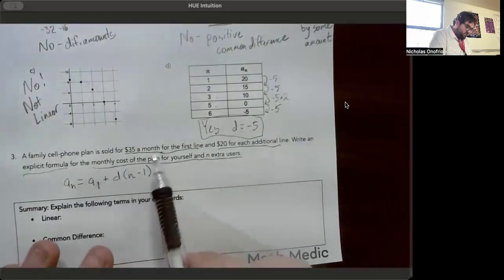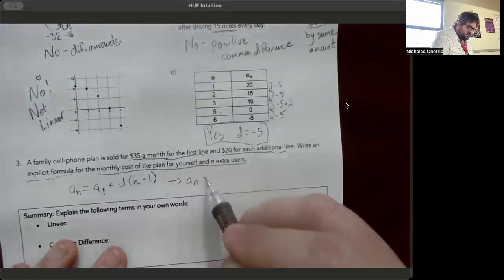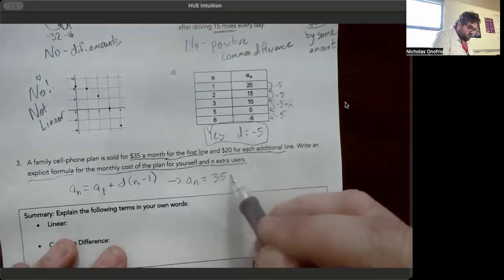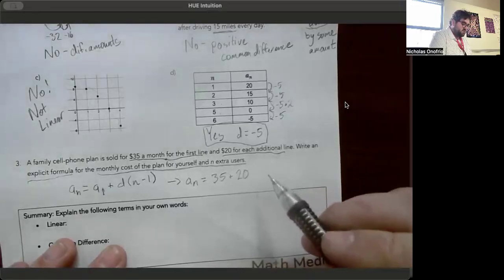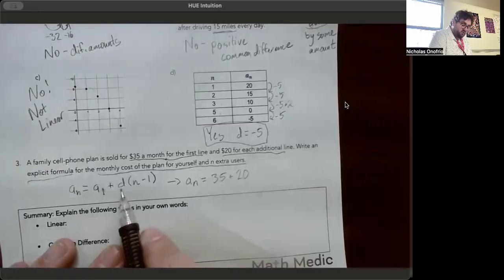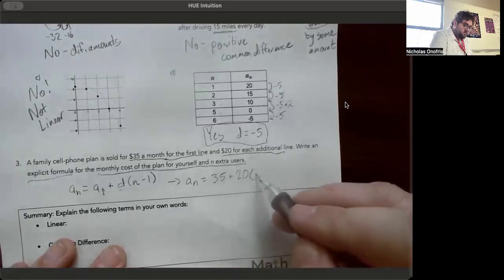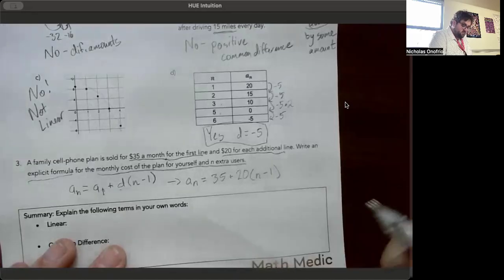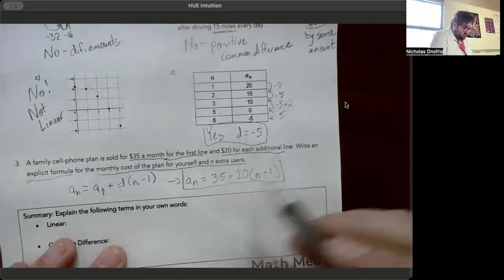Our problem tells us the first user pays $35. So we can say a_n equals 35 plus 20, because our d, our common difference, is what we're adding for each line. In this case, it would be 20 times (n minus 1). And that would be our formula.